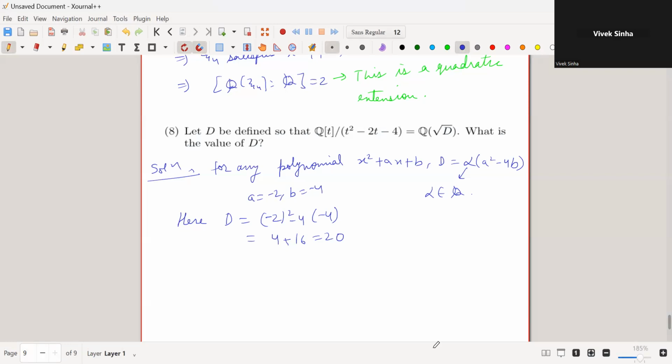So instead of d, either one should write root d or d. Either write root d here or root d here. So that's a problem. So this is root d I am doing here. Okay.